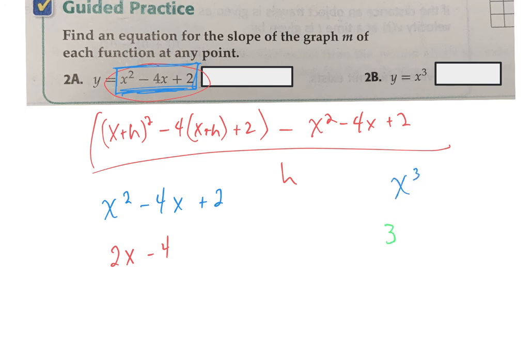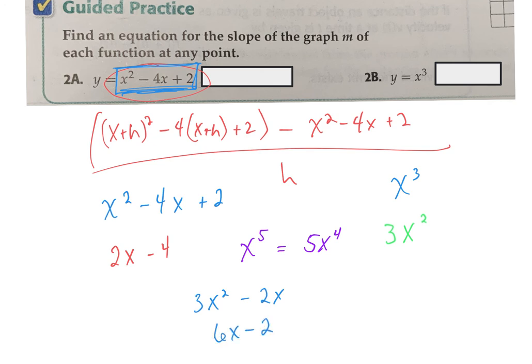This guy's going to be 3x squared. There's a pattern. Let's do another one. X to the 5th is going to be 5x to the 4th. If I did 3x squared minus 2x, it would be 6x minus 2.